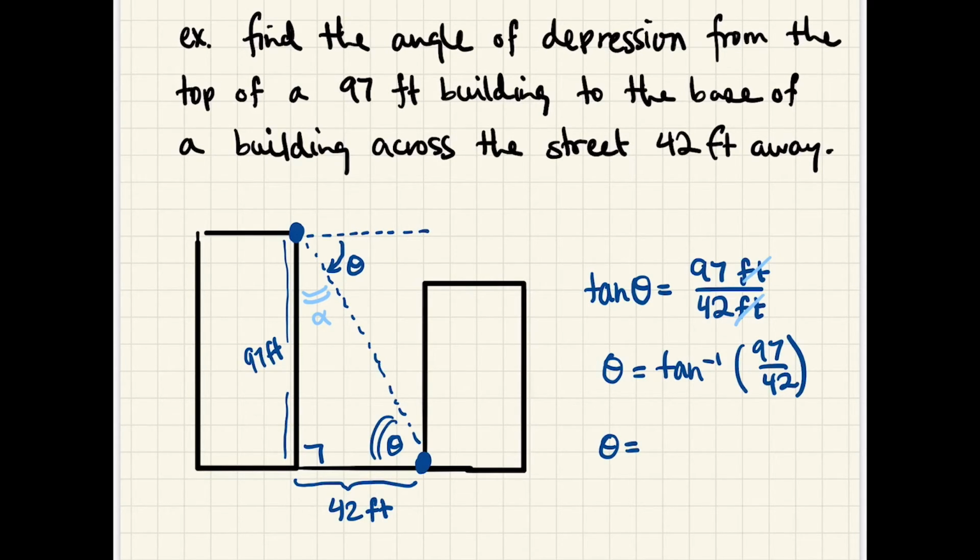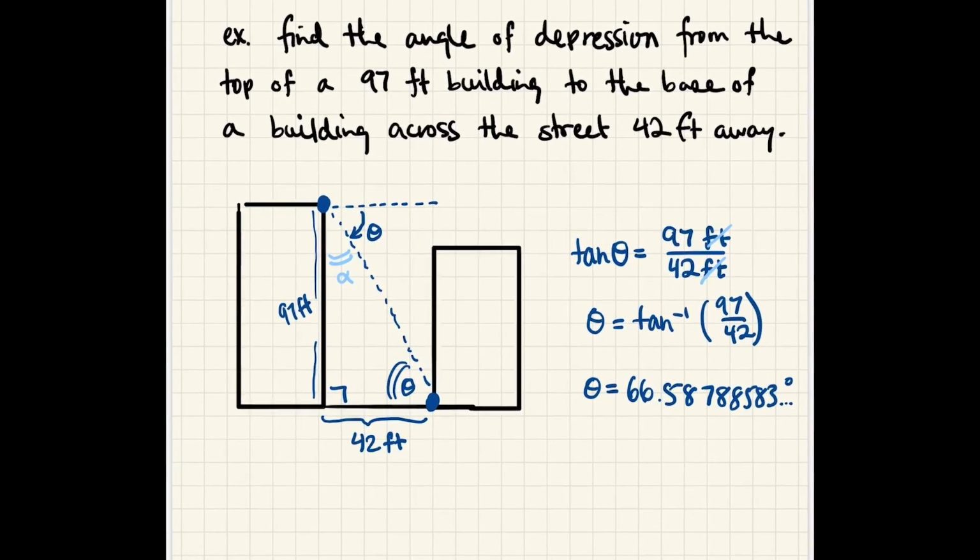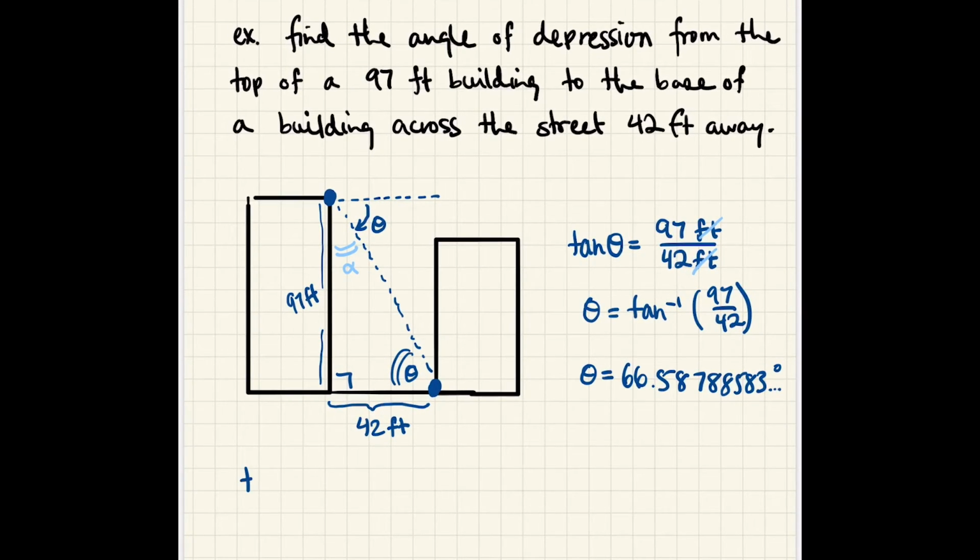Okay, calculator time. I get 66.58788583 degrees. Let's round that to the nearest degree. So that would be 67 degrees. So we can say the angle of depression is 67 degrees.